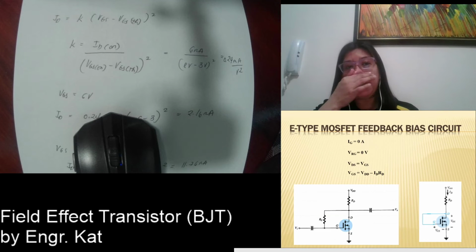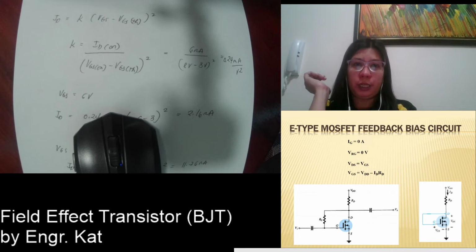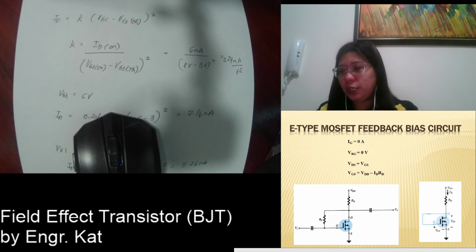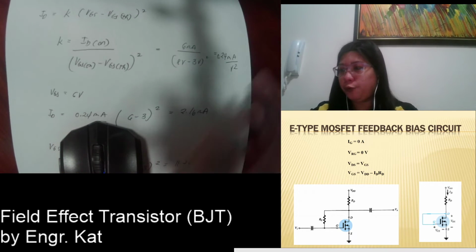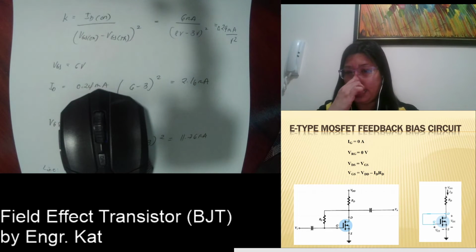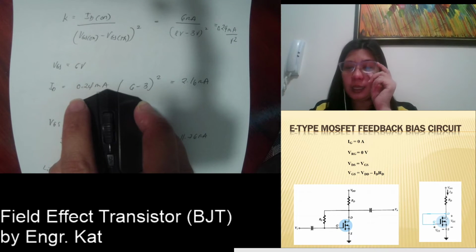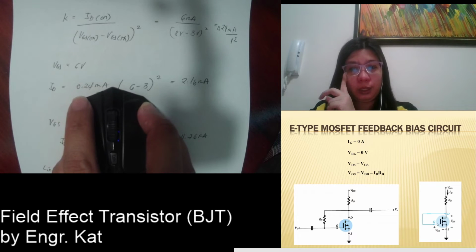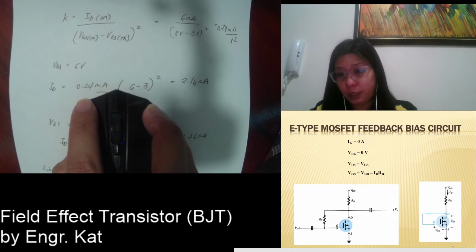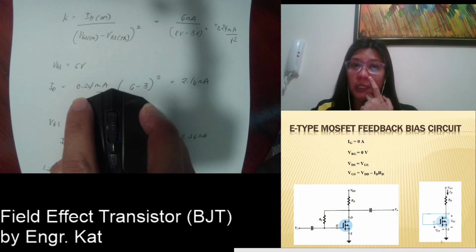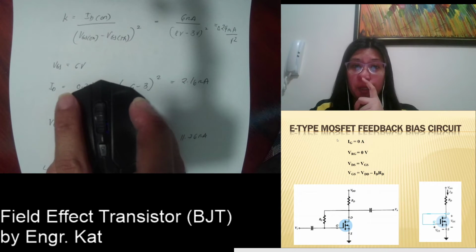This is the first type, the E-type MOSFET feedback circuit, wherein IG is equal to 0, so it will look like this. Okay, it is shorted. So the drain is directly connected to the gate. So the drain to source and the gate to source are just the same. Therefore, your VDS is just equal to your VGS.